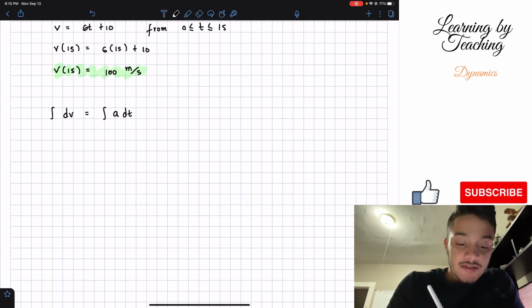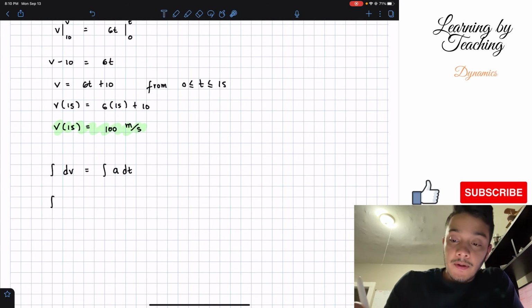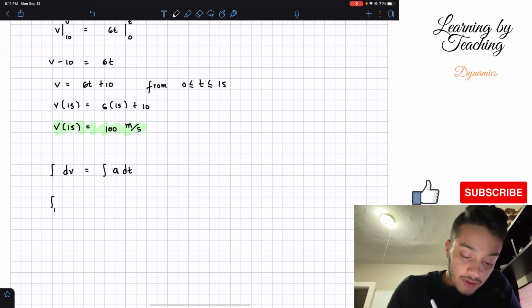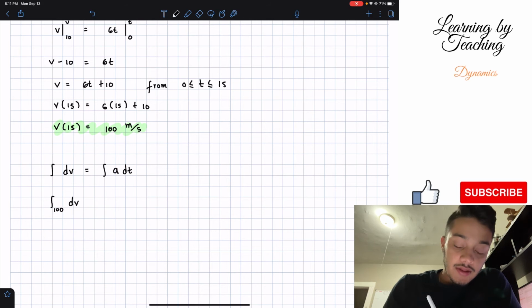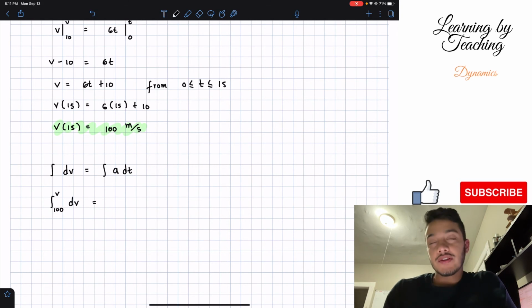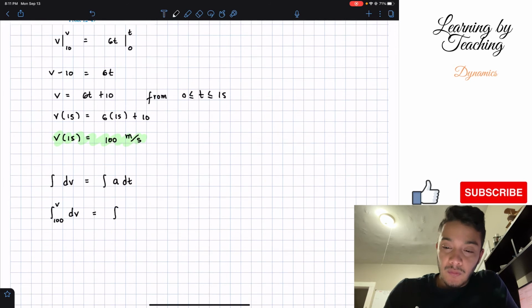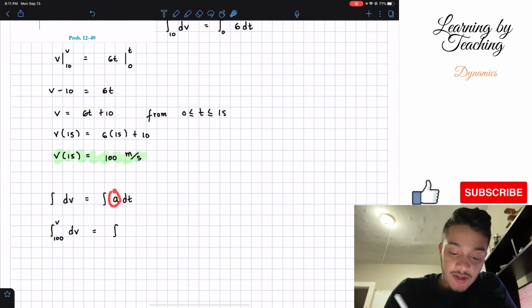Well, our change in velocity for this specific time, this 100, will be the initial condition, meaning that our initial velocity will be 100. And then our final velocity we'll just call v, just to simplify things.